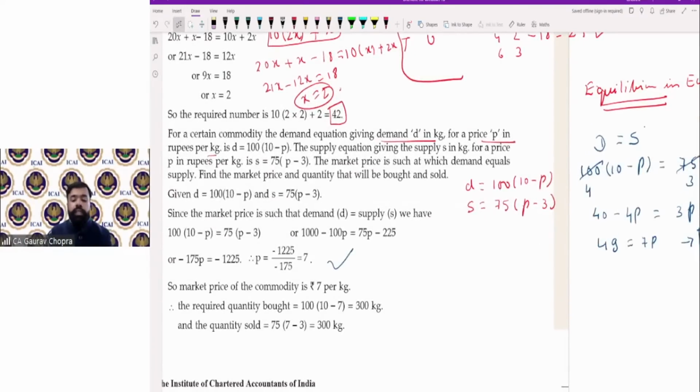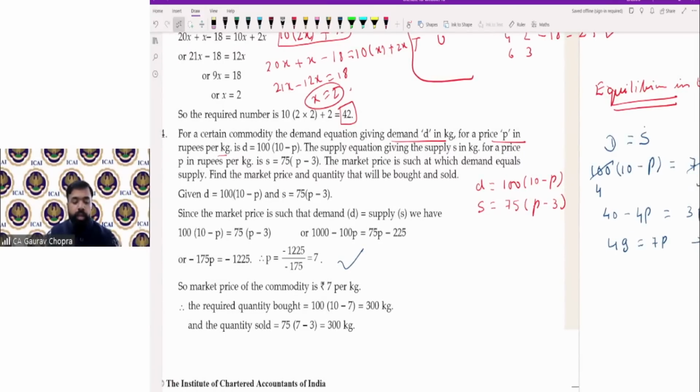That's very, very easy. So where demand and supply both are equal, from there you can determine price. So therefore we have determined price using that. Now if you want to find out quantity as well, then substitute in the equation. So if you want to find demand, put values in demand. 100 into 10 minus 7, it will become 300.